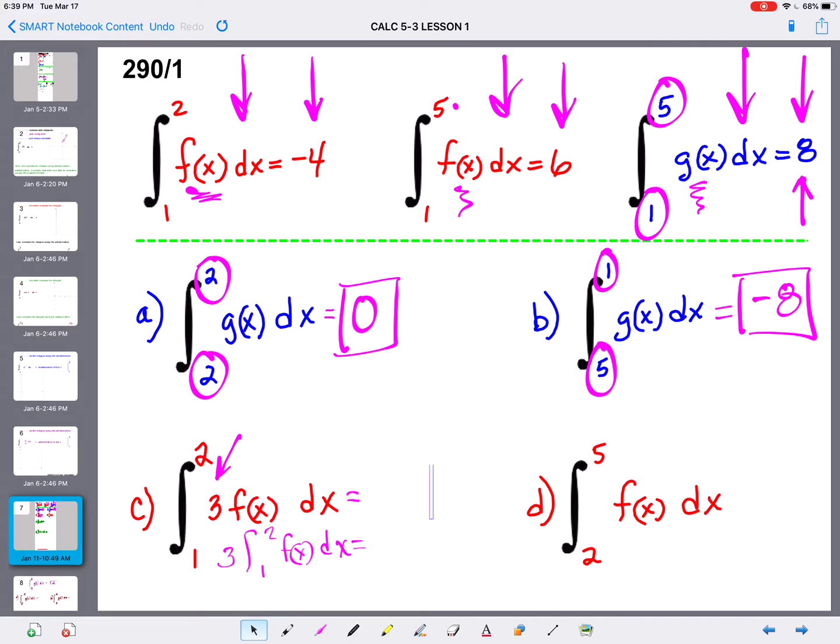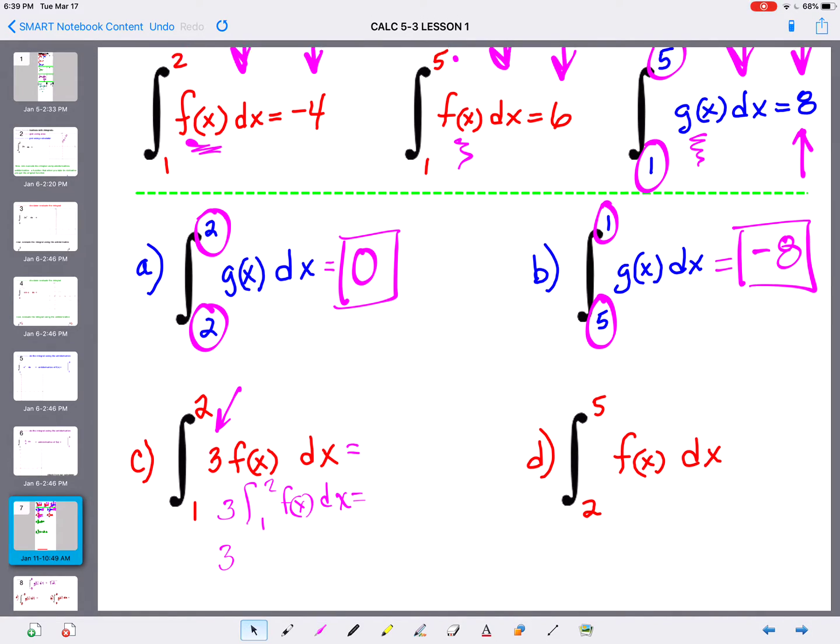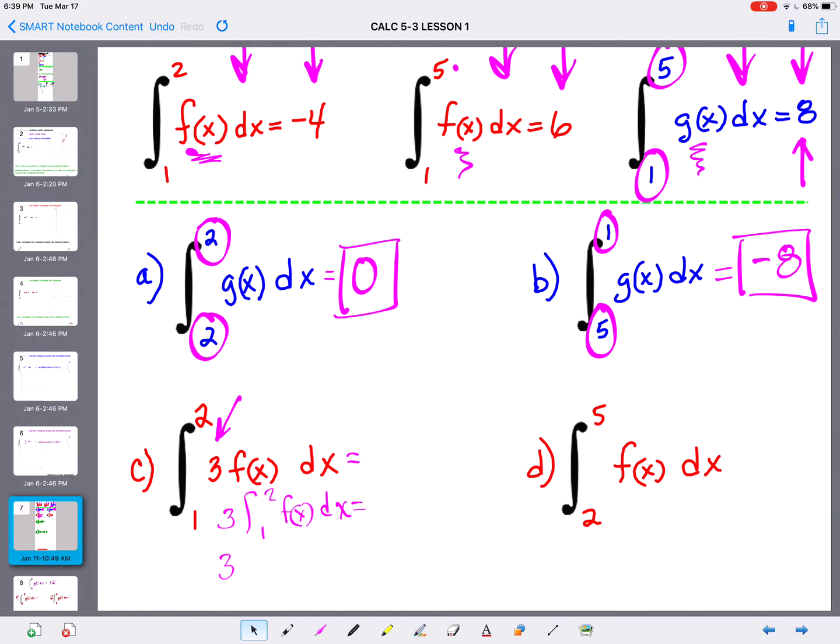Now, 3 times, we know what that answer is. From 1 to 2, that was the very first one, and that answer is -4. Multiply it now. 3 times -4, -12. Again, the constant is pulled out in front of the integral.